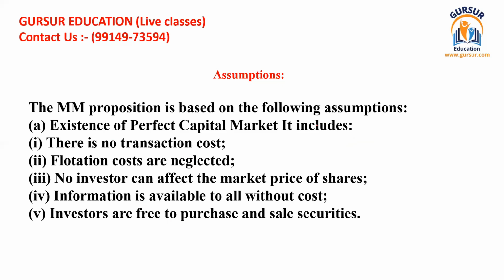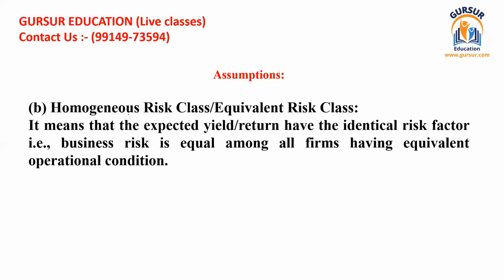The second assumption is a homogeneous risk class or equivalent risk class. Everybody is taking the equal kind of risk, which is never the case. So it means that expected yield returns have identical risk factor. That is, business risk is equal among all firms having equivalent operational conditions. They all have the equal risk level.